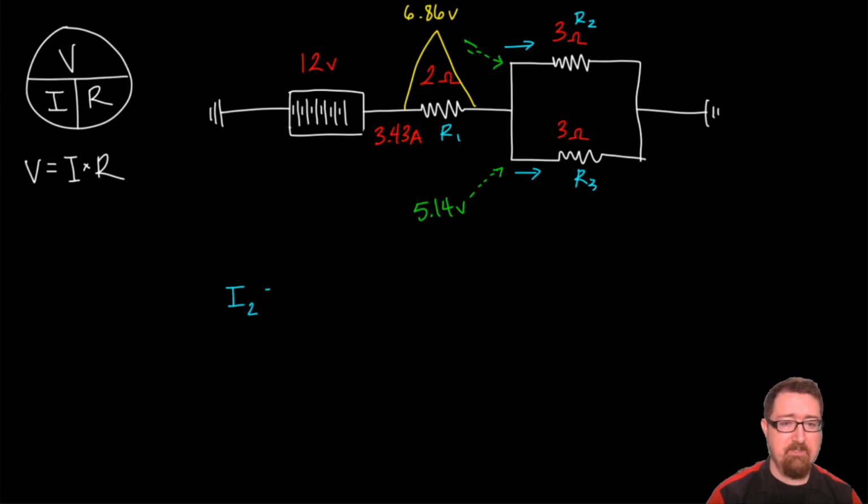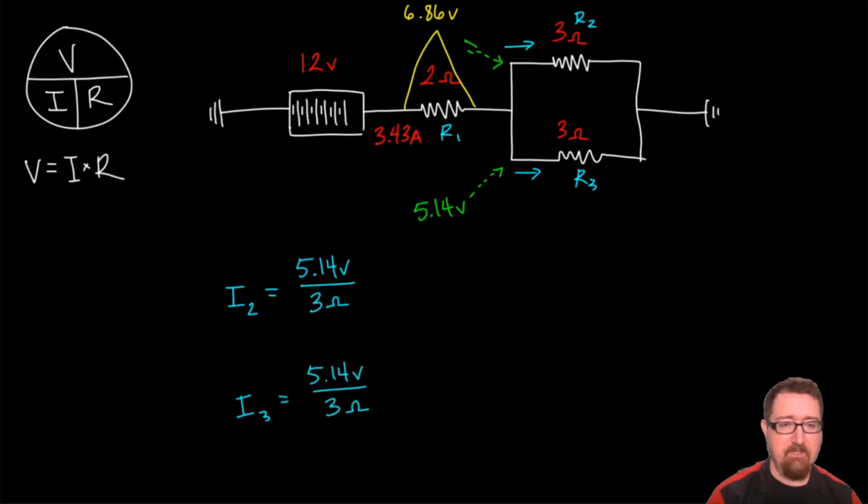Okay, so I2 equals our voltage, which is 5.14, divided by our resistor, which is 3 ohms. And the same kind of idea here for our third current. So we would have 5.14 divided by 3 ohms.